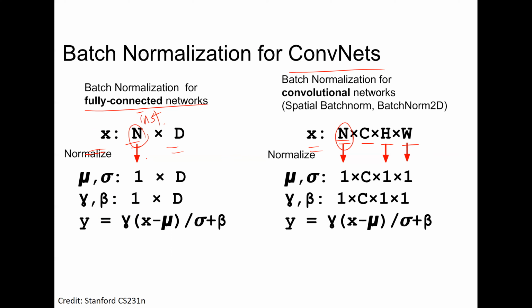And we calculate the mean and variance through this dimension, and we do the same for images. This is sometimes called spatial batch norm or batch norm 2D. And we take the mean and variance through height and width dimensions as well. So you need to be careful when you're calculating mean and variance and gamma and beta.